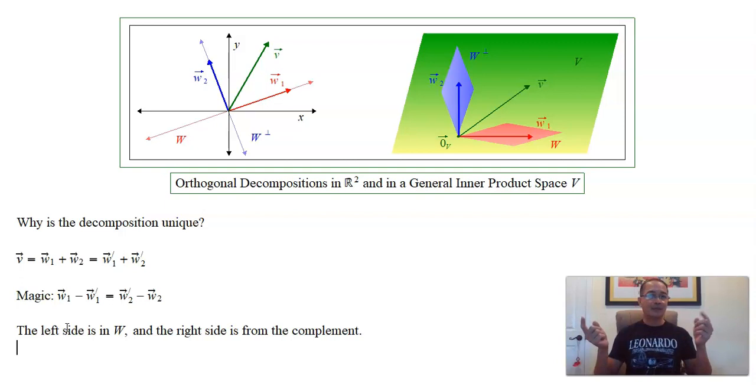What was that last theorem that we saw in the introduction? The only vector in common to W and its complement is the zero vector. That's why it's so important.